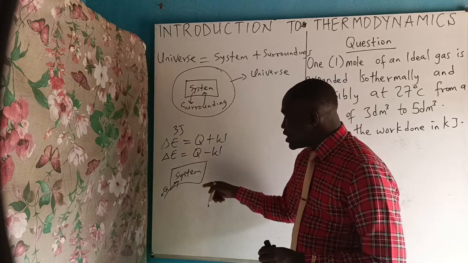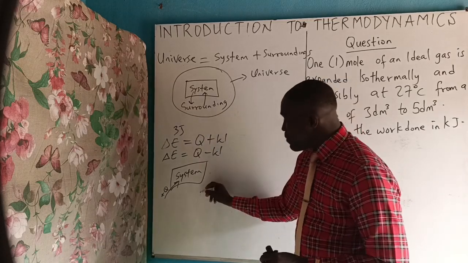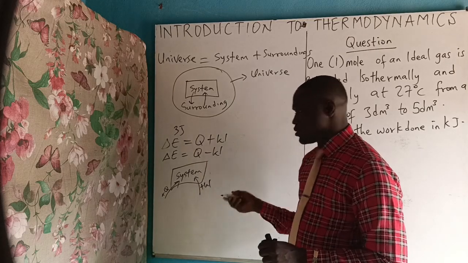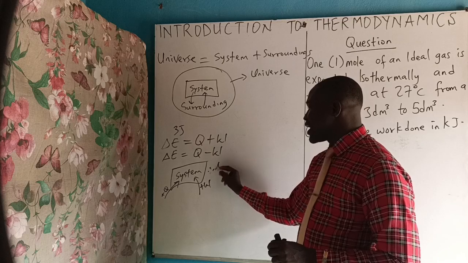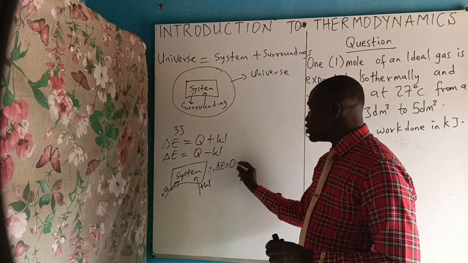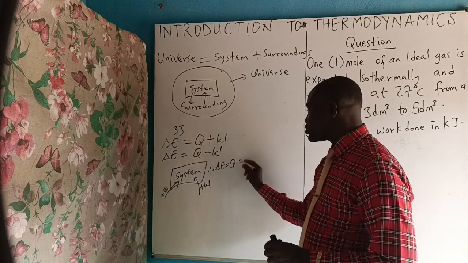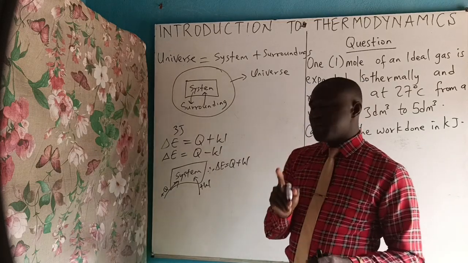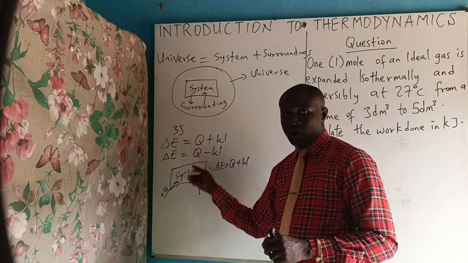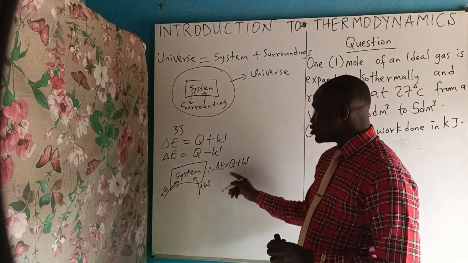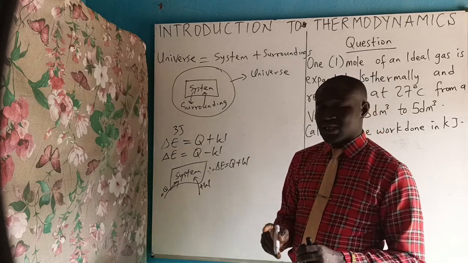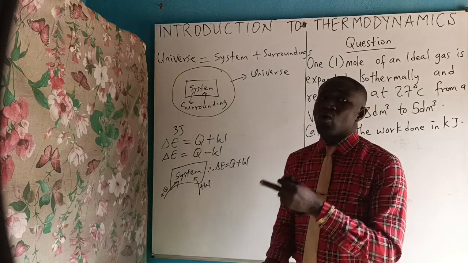And when the surrounding, this part, performs work on the system, the system will gain work. And so the internal energy of it will be the heat energy plus what? The work. So that heat energy will be called endothermic energy because it's gaining the what? Energy. Are you getting it? So you will be having Q plus W as the internal energy. That means the internal energy of that system will what?